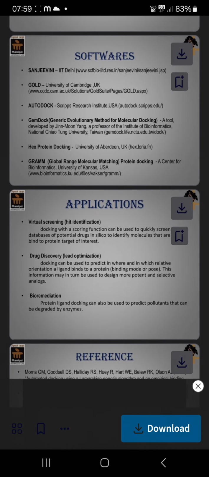Now the application, which is our important target. Why are we doing this? What is the importance of docking? Virtual screening, hit identification: docking with a scoring function can be used to quickly screen databases of potential drugs in silico to identify molecules that bind to the protein target of interest. And drug discovery, that is lead optimization.